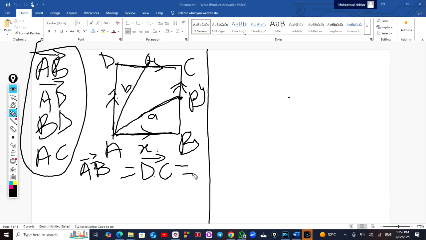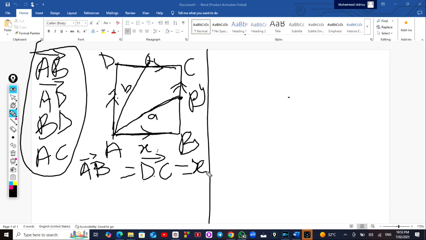Vector AB and vector DC are equal, because they are following the same direction. They are moving towards the same direction, and they are equal because it is a square.